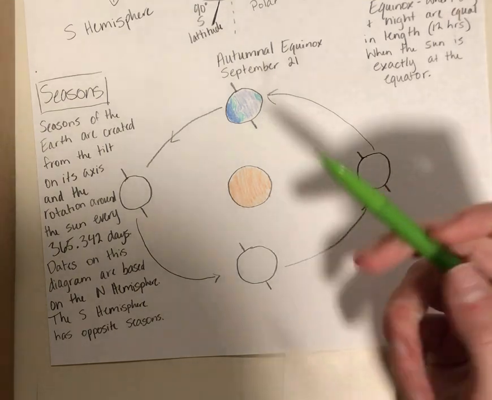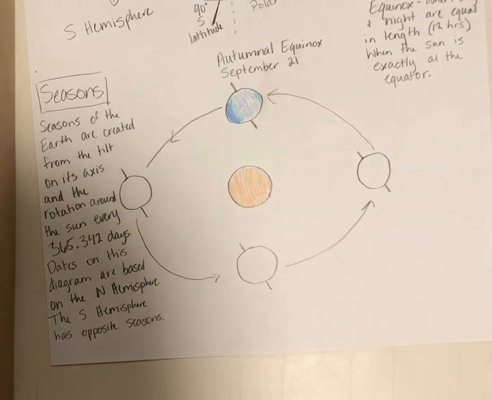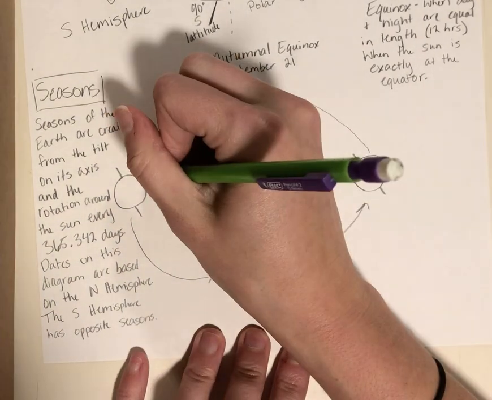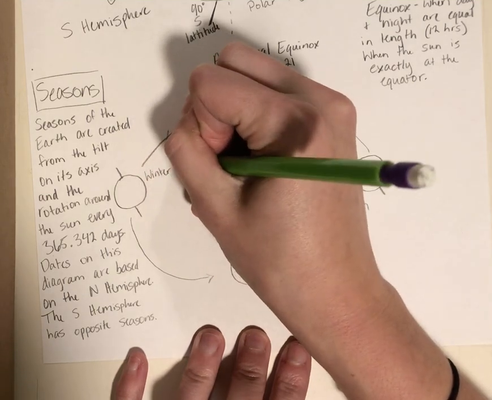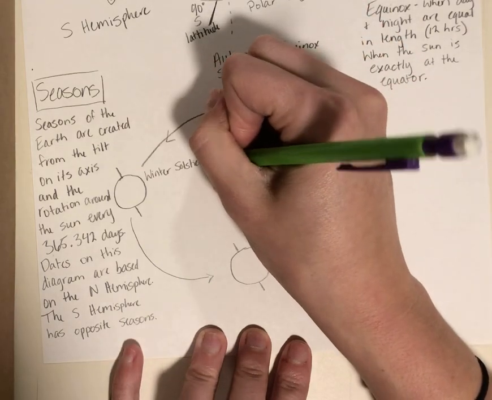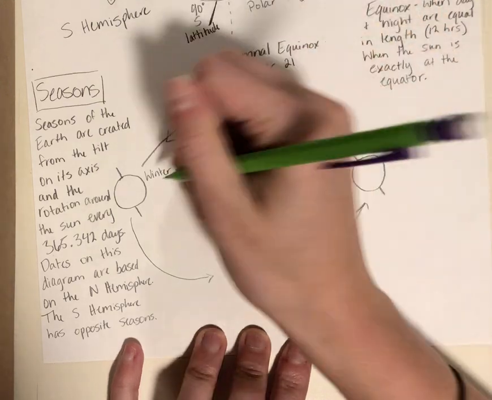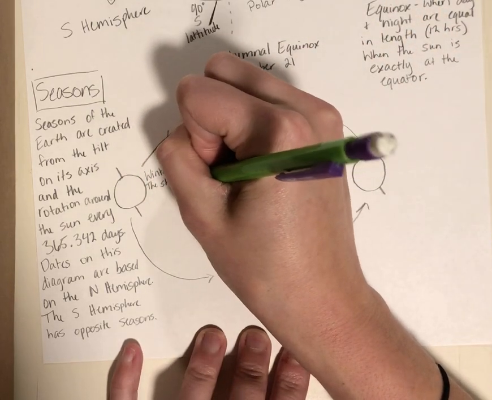Okay, so if we started in autumn, obviously the next season that we're going to see is winter. So for the northern hemisphere, the winter solstice is December 21st, and this is when you have the shortest amount of daylight hours.